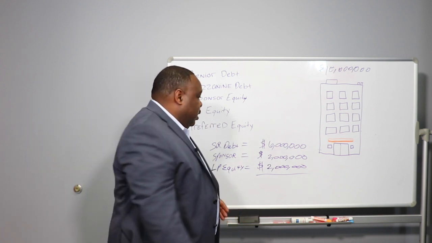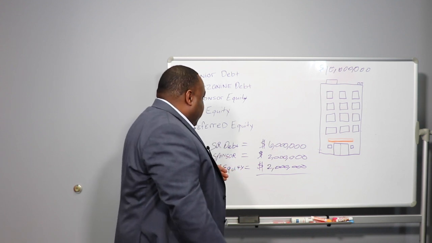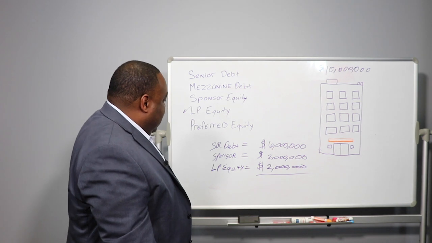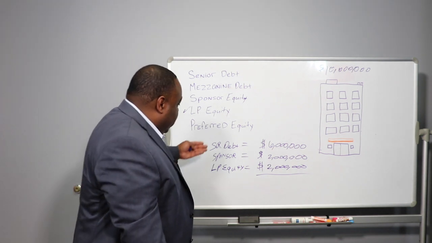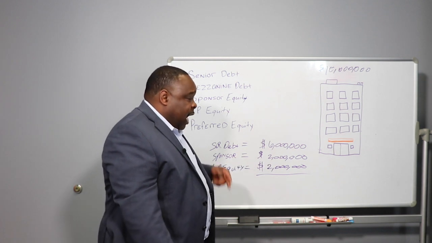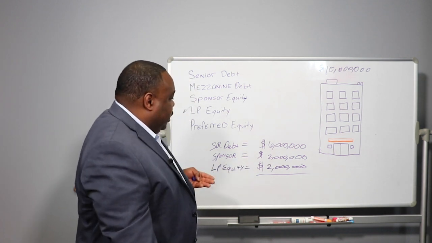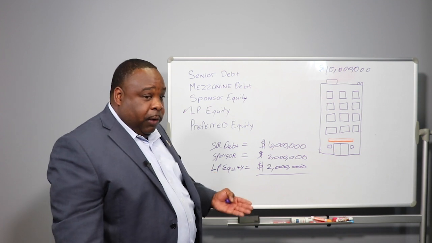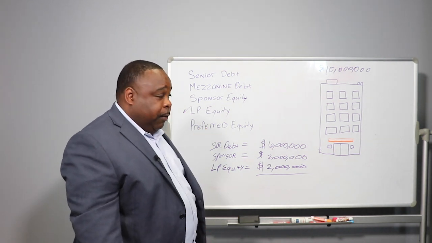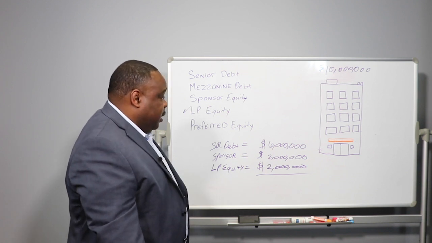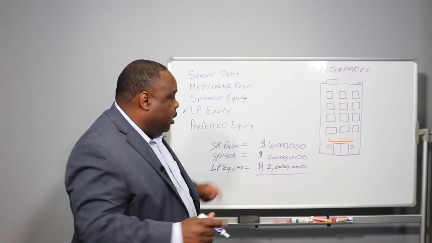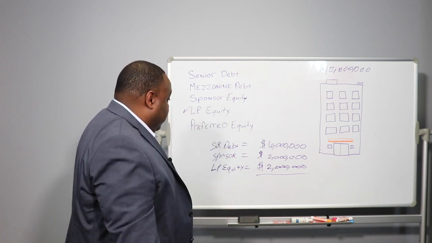And then finally we have preferred equity. Preferred equity is very similar to mezzanine debt. The preferred equity is going to pay a preferred rate of return. So the cash flow from that project is going to go to pay the senior debt first, and then it will go to return the money of that preferred equity investor first and pay him or her a preferred rate of return.